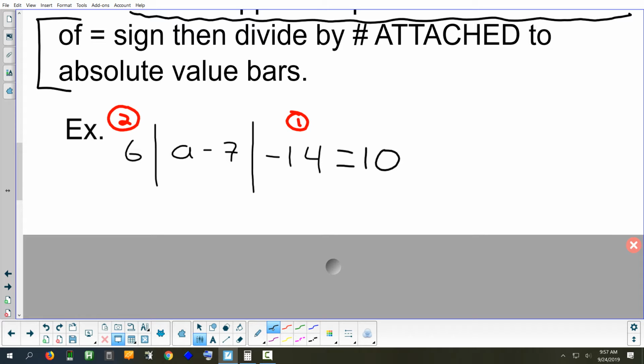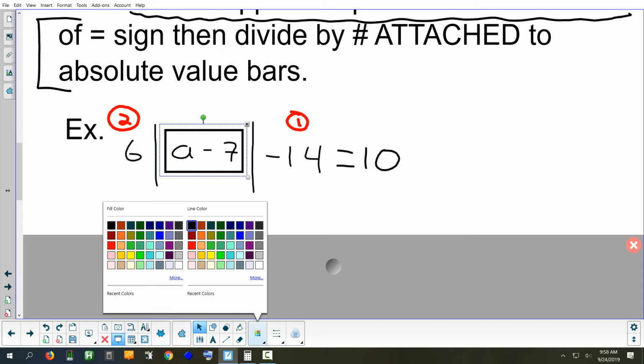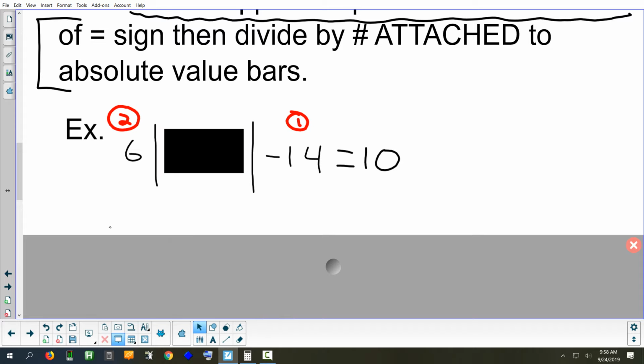So how would I take that negative 14 and put it on the other side? Add. Yeah, add how much? 14. Yep. So for now, you could almost do something like this. If you put a box around that and then I just fill it in. I don't care what's inside the bars right now. I don't even need to see what's inside.